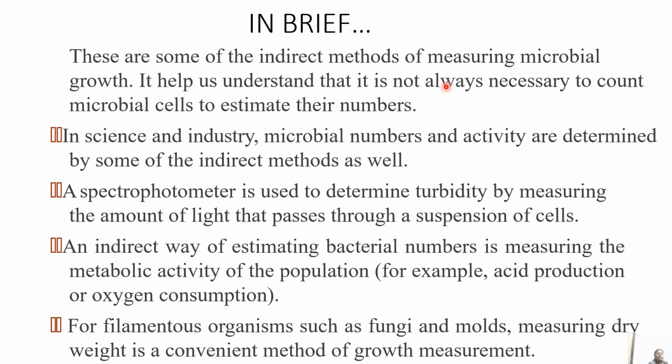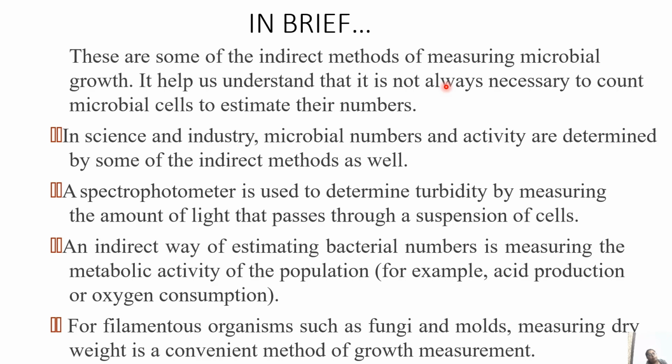So, in brief, these are some of the indirect methods of measuring microbial growth. It helps us to understand that it is not always necessary to count microbial cells to estimate their numbers. In science and industry, microbial numbers and activity are determined by some of the indirect methods as well.